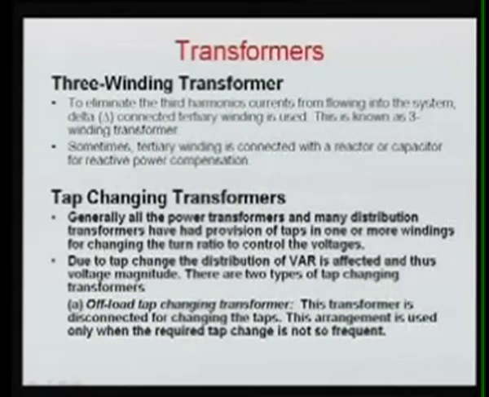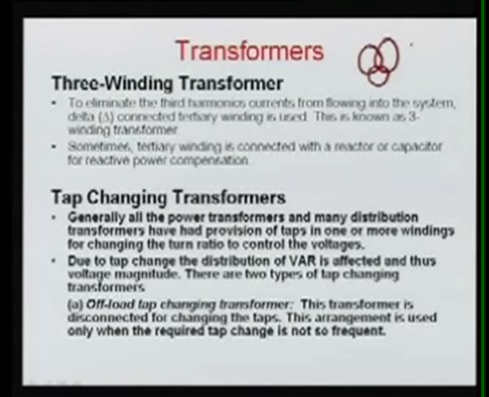We also sometimes use 3 winding transformers, where the windings are called primary, secondary, and the third one is called tertiary winding. To eliminate the third harmonic current from flowing into the system, a delta connected tertiary winding is used. This is known as the 3 winding transformer. Here we can say this is the primary, this is the secondary, and we go for another, the tertiary.